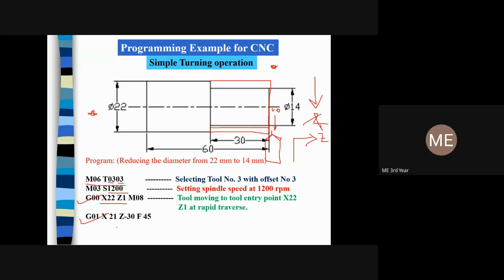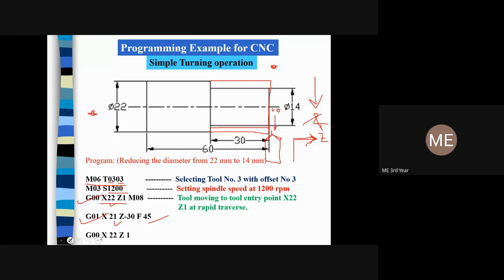So X21, this changes my coordinate point from 22 to 21. Now Z minus 30, because I want to reduce the diameter only for a length of 30 mm, not up to the 60 mm. This is minus 30 because I have taken this as my positive Z. And for the feed, I have given 45.